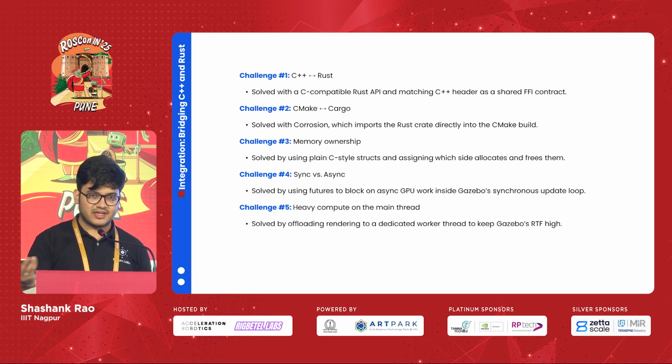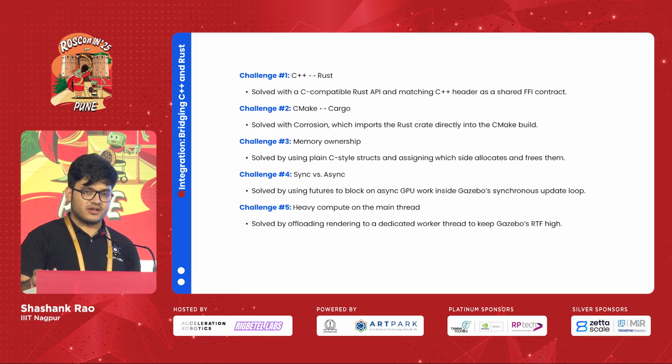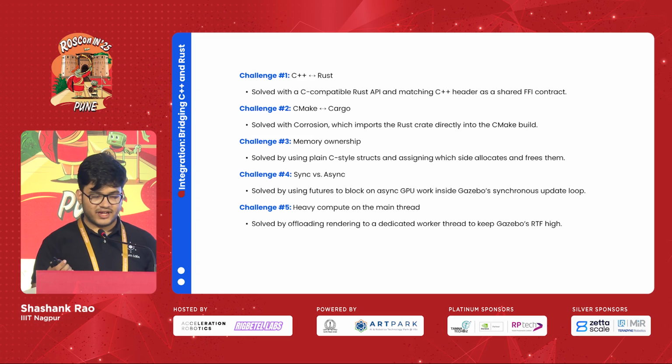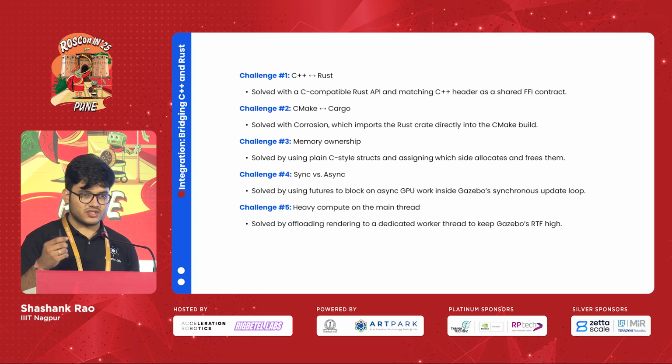First, bridging C++ and Rust: we bridged these two languages using a C-compatible Rust API, and since CMake has to use Cargo, we used Corrosion, which enables building Rust using CMake. Then memory ownership. At its core, most of the structs were built in the C FFI, and as you know, ownership can get quite tricky when you use Rust.